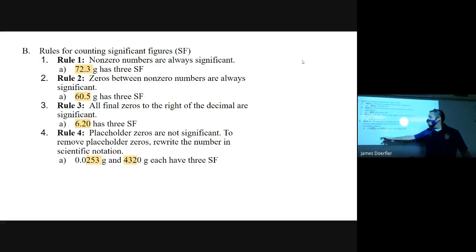Now, I want somebody to tell me what 0.0253 would be in scientific notation. 2.53 times 10 to the negative second. Very good, because anytime you move a decimal to the right, you get a negative exponential value.